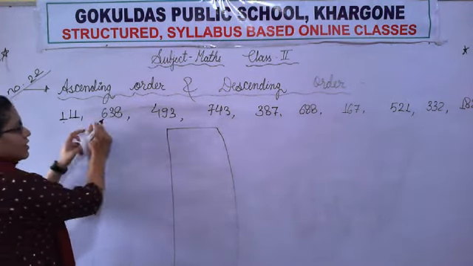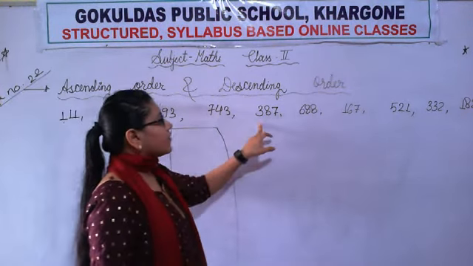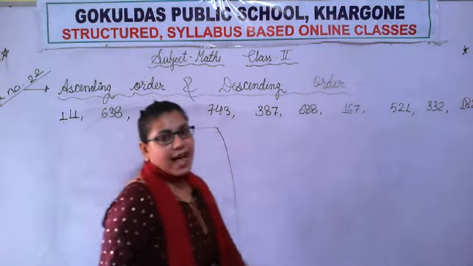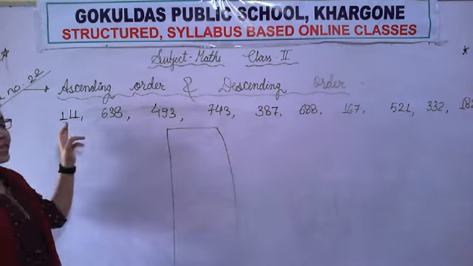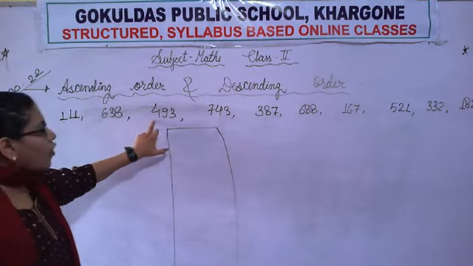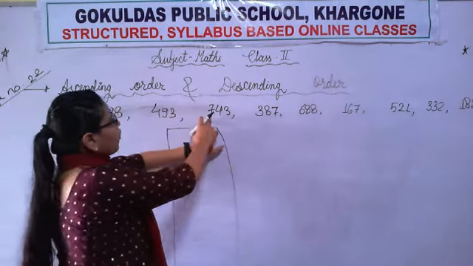1, 6, 4, 7, 3, 6, 1, 5, 3, 1. Which one is higher? We are seeing just the 100's place digit. 1, 6, 4, 7. Among these, 7 is higher.